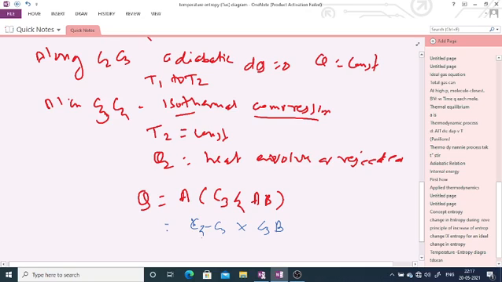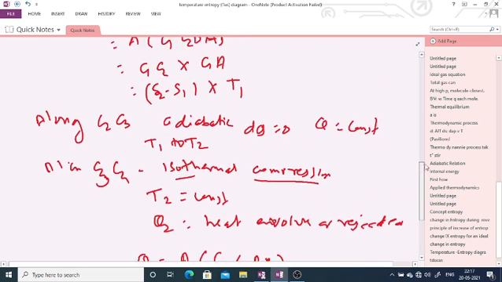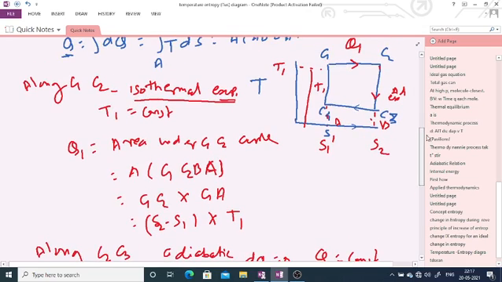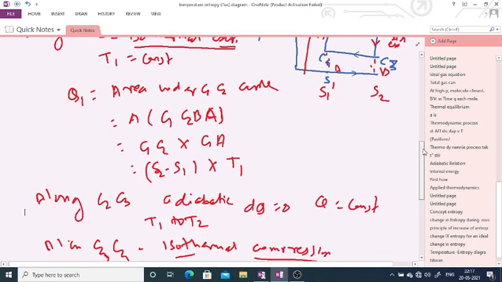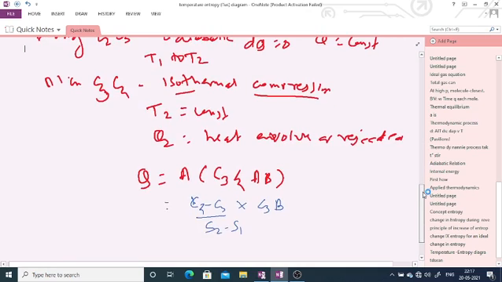Now we consider C4 C3. There is a change of S2 minus S1. The entropy changes because it is an isothermal compression. Here the entropy decreases because it is a compression.